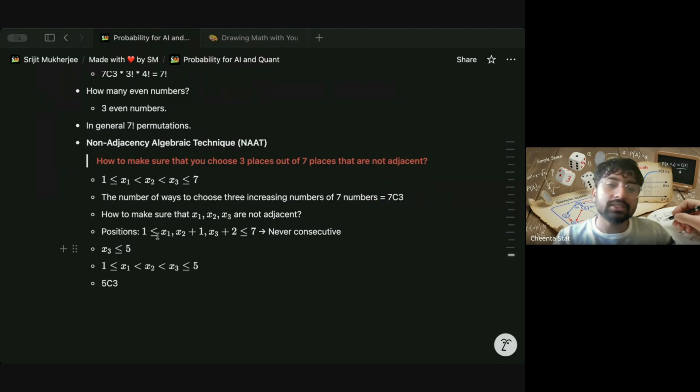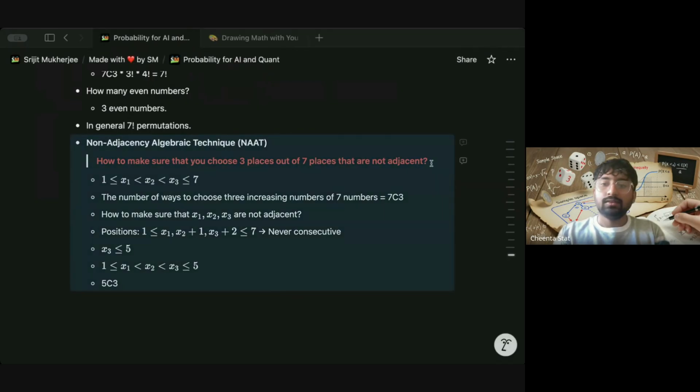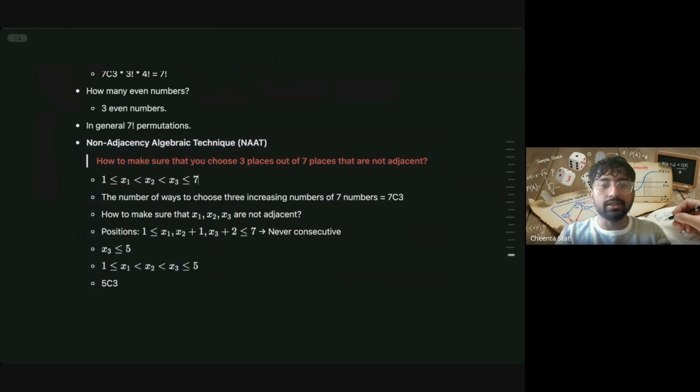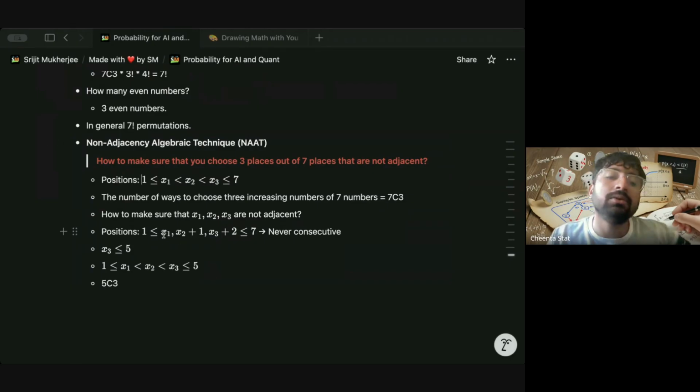So the positions, instead of x1, x2, x3, are now the positions of the three numbers x1, x2 plus 1, and x3 plus 2. They are never consecutive. Did you get this point? If they are never consecutive, that means these three positions are there.